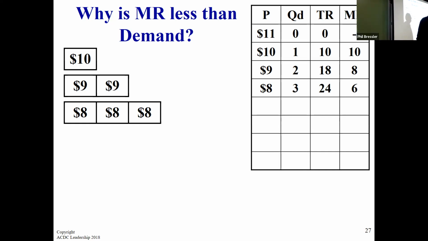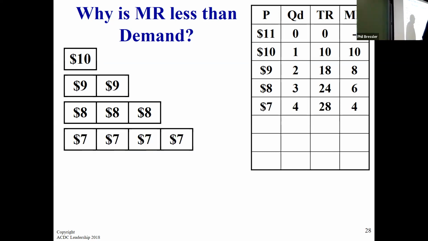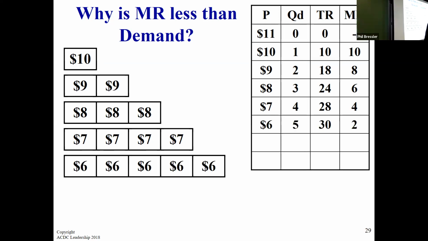Now, notice price and marginal revenue, they're not equaling. So if demand equals average revenue and price, is MR going to be above or below demand when I'm graphing it? Below.